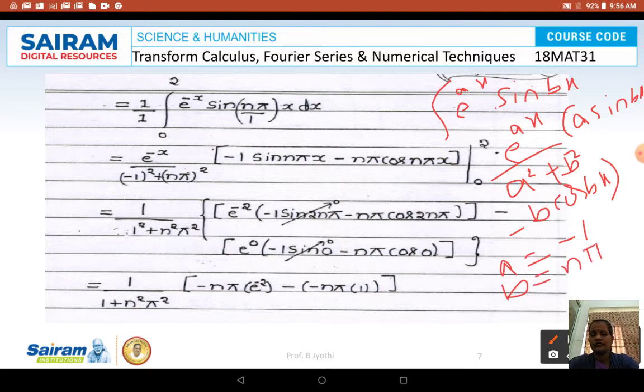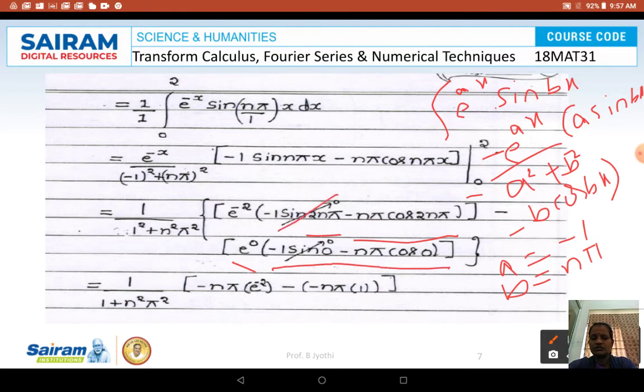Now when we substitute it, 1 divided by (1² + n²π²) and e to the power of minus 2 into (minus 1 sin 2nπ minus nπ cos 2nπ), because the value of x is 2 here. Again, the lower limit, when we substitute, e to the power of 0 into (minus 1 sin 0 minus nπ cos 0).